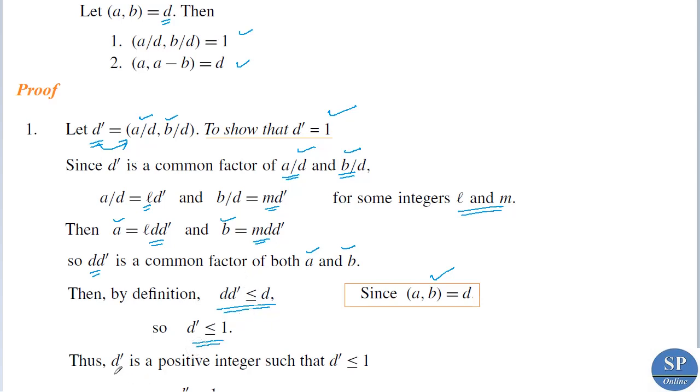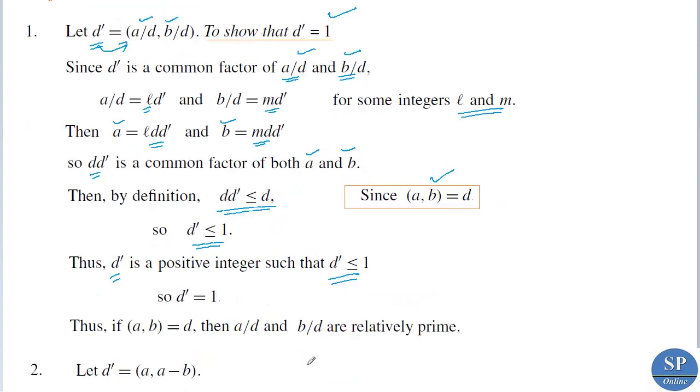That is, D dash is a positive integer such that D dash is less than or equal to 1. That means D dash is equal to 1. So we proved D dash is equal to 1. That means GCD of A by D comma B by D is equal to 1. That is, if GCD of A and B is equal to D, then A by D and B by D are relatively prime.